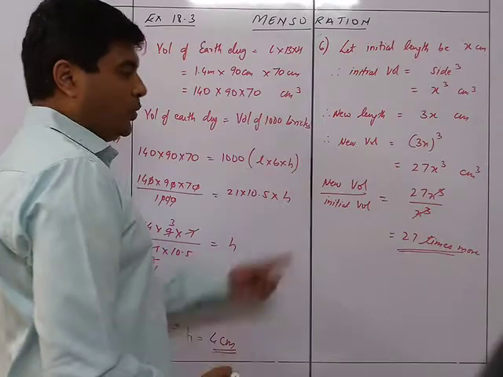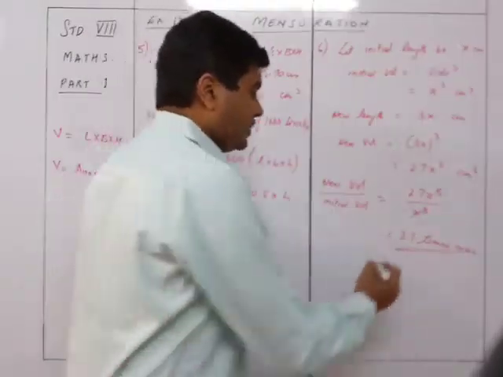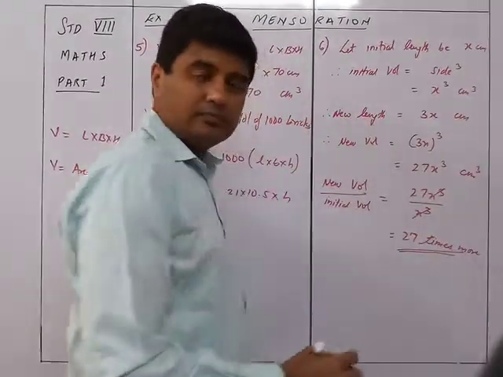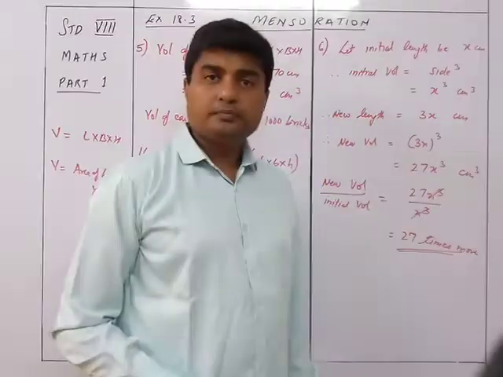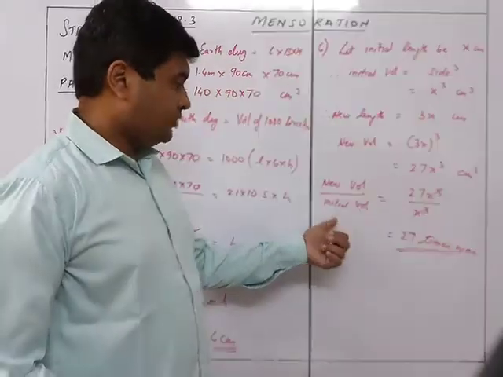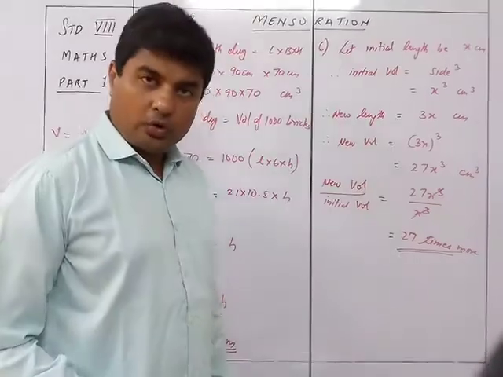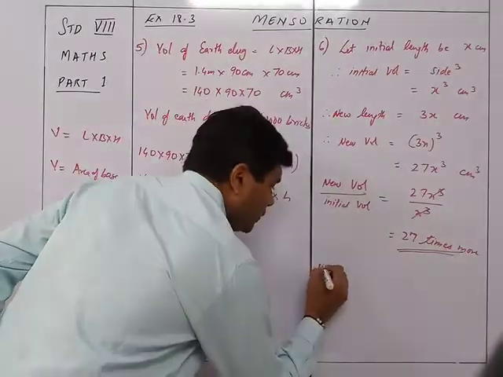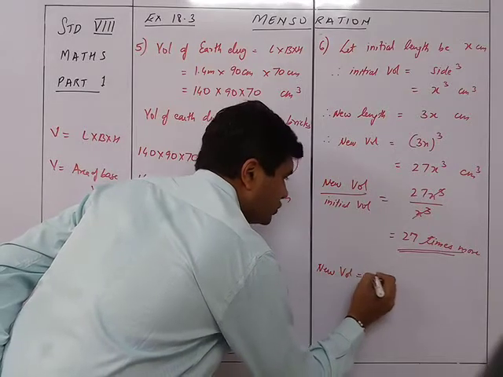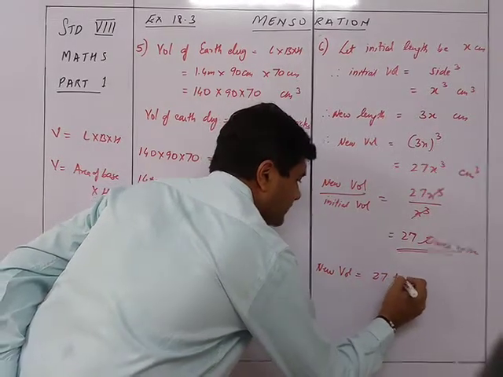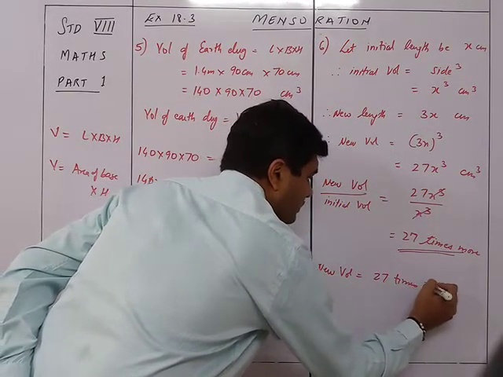Okay, so the new volume is 27 times the old volume. Got it? अगर इसको इधर भी लिखेंगे तो भी वही होगा. New volume is equal to 27 times the old volume.